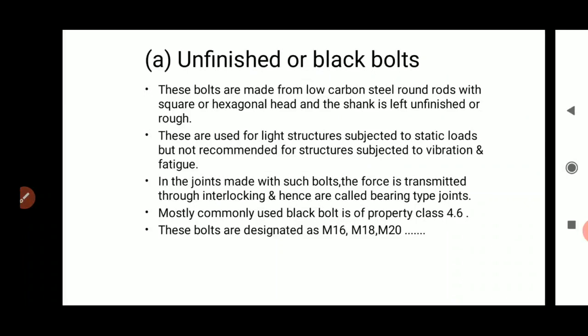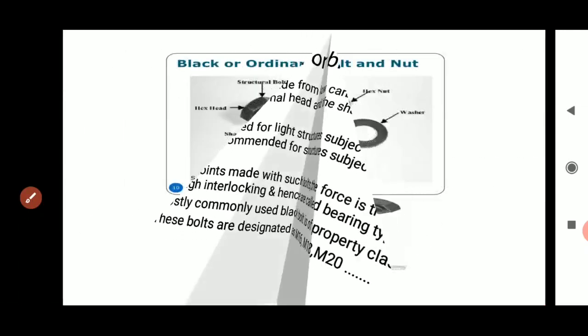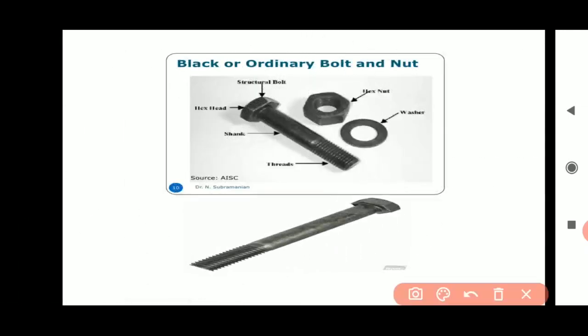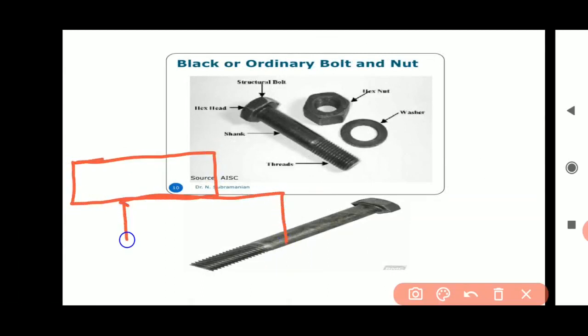The second point is, these are used for light structures subjected to static loads, but not recommended for structures subjected to vibration and fatigue. This is a steel member, this is another steel member, and we will join these two members by a bolted connection.